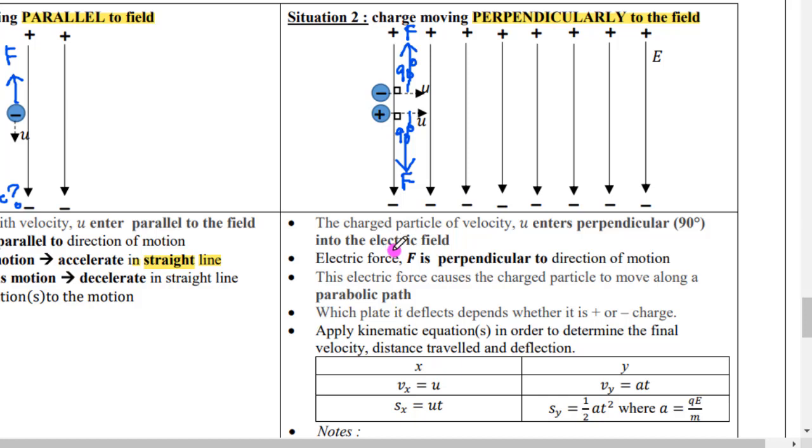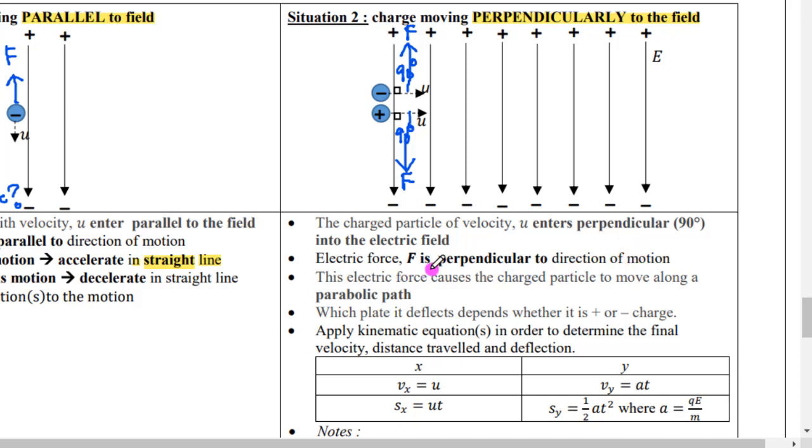Okay? So the electric force acting is perpendicular to the direction of motion. Perhatikan, electric force tu adalah along y-axis, tapi pergerakan charge adalah secara horizontal, sepanjang paksi x. So the electric force is perpendicular to the direction of motion.